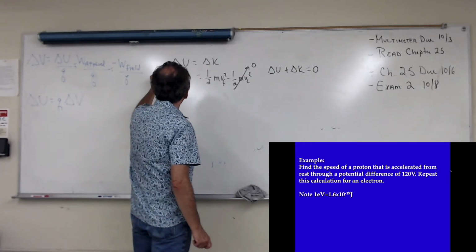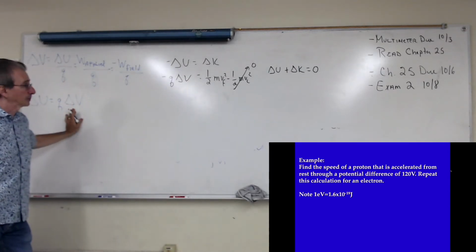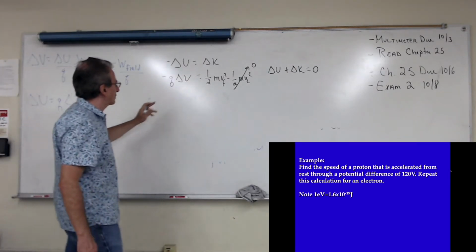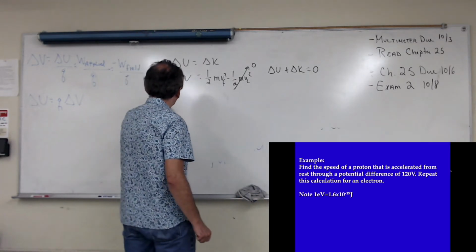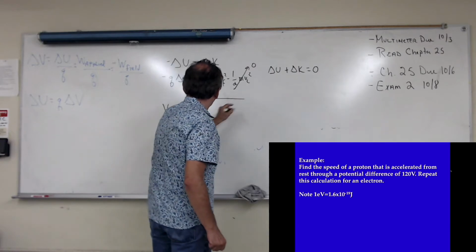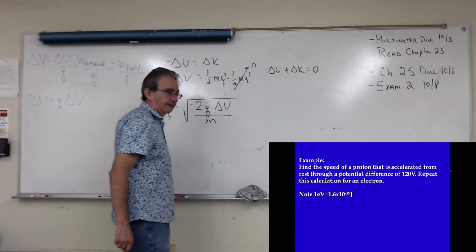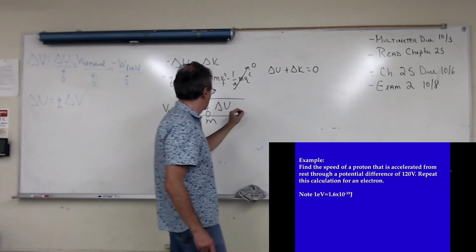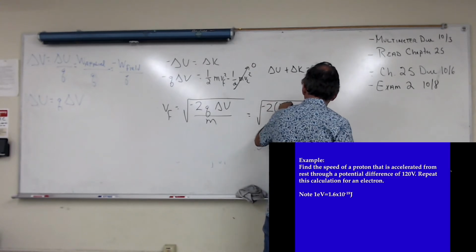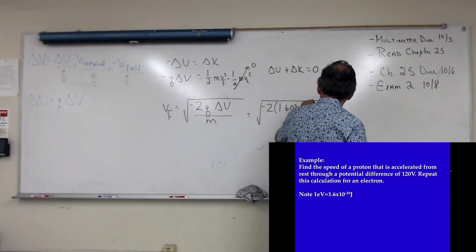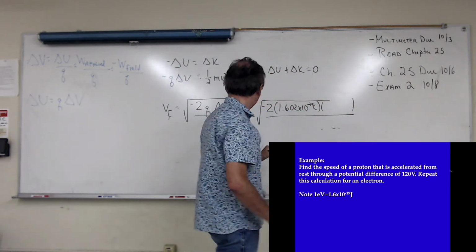And we have minus delta U, which is going to be minus Q delta V. I want to solve for V final. Of course, I multiply both sides by 2, divide by the mass, and then take the square root. And then I just put in the numbers.